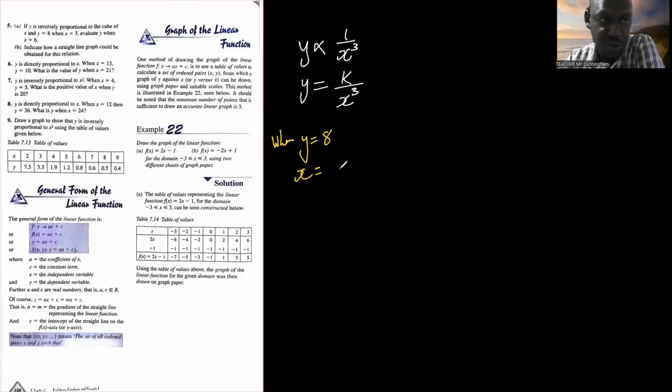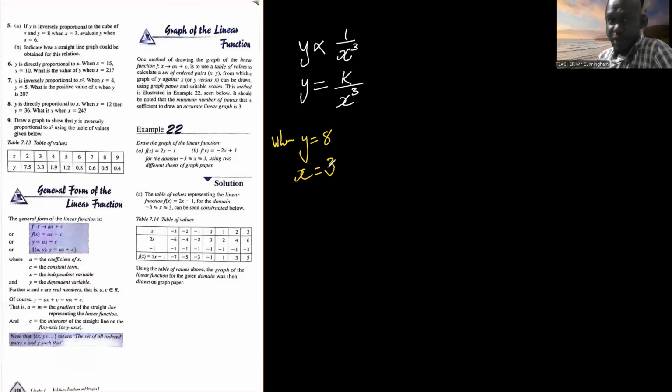When y is 8, x is 3, so that it's easy to find k. Go ahead, find it. Where is Jedidia? I'm not seeing homework from you.